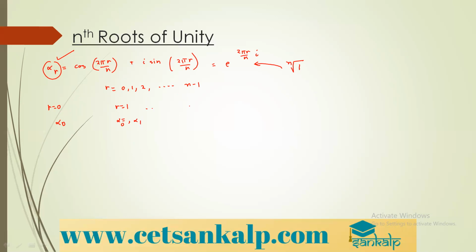If I take r equal to 2, then I will get alpha 0, alpha 1, alpha 2. So here these are square roots of unity, and these are cube roots of unity. Like that, for the fourth root of unity, I have to take r equal to 3. Then alpha 0, alpha 1, alpha 2 are the 3 cube roots of unity, and alpha 3 is the fourth root of unity. Like that, I can get nth roots of unity using this formula.